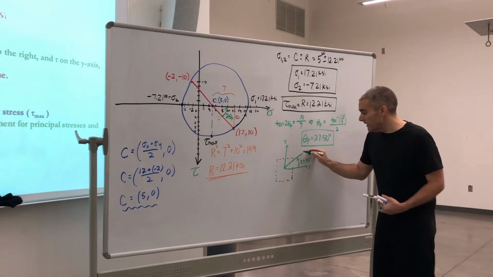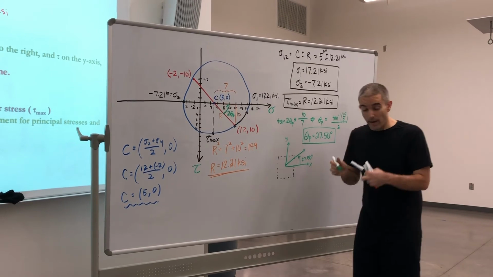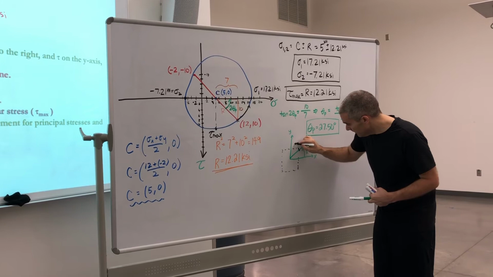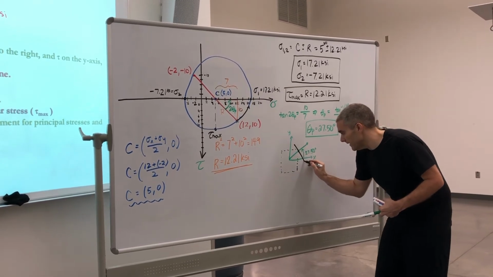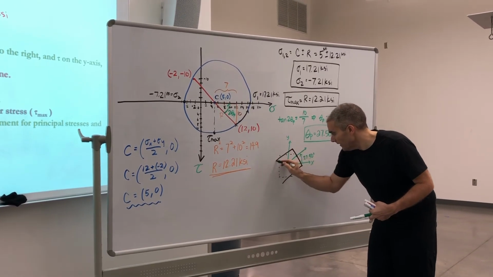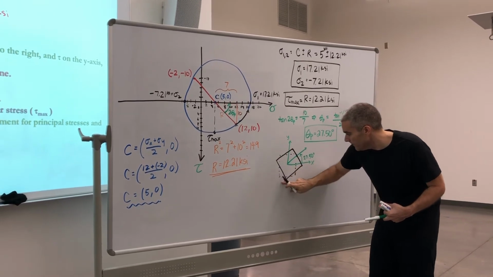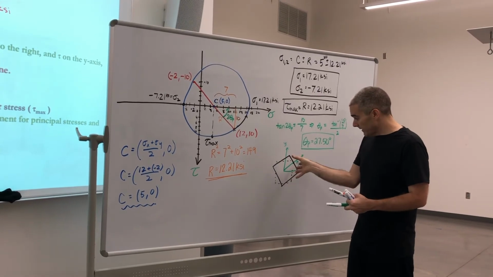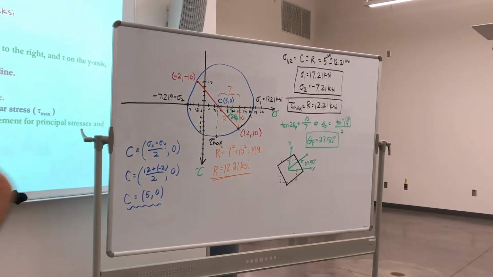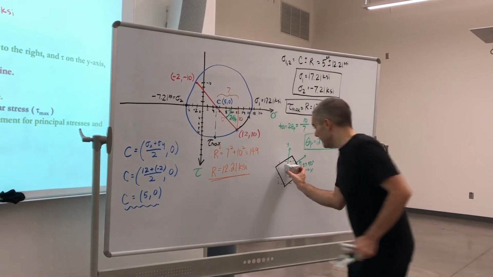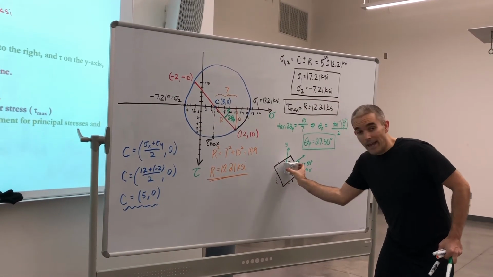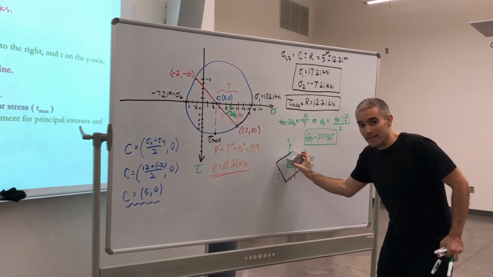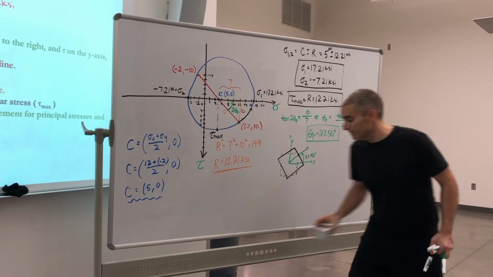And this is going to be the normal now to my principal plane. So we get something that looks like this. I rotate this block 27.5 degrees. Again, I'll grab my little block so you can see this. This was the initial block. We rotate counterclockwise 27.5 degrees, and this is the orientation on which we experience the principal stresses.